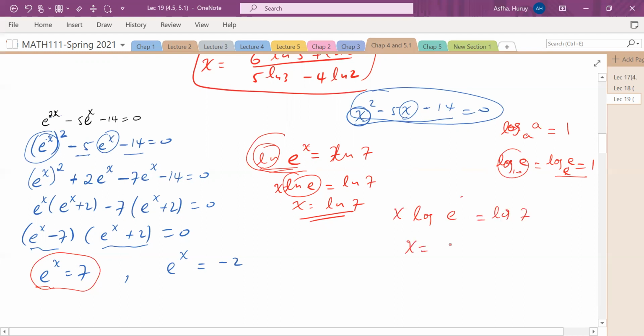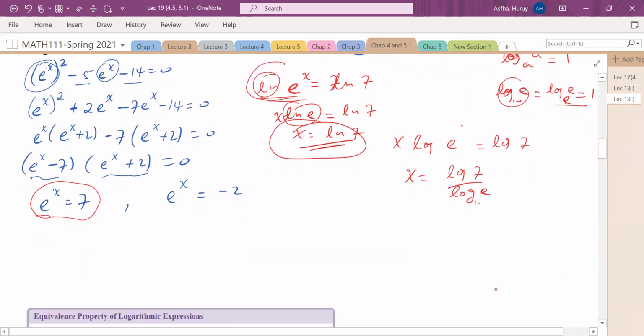Then I will have x equals log 7 over log e, base 10. It's much more complicated than this one. But in this case, we have just ln 7. Both answers have to be equal, and they are equal.